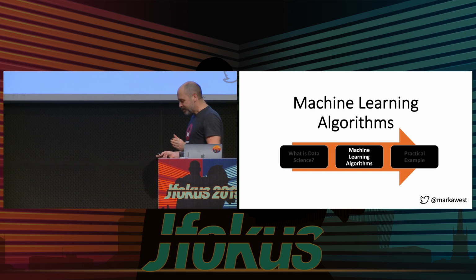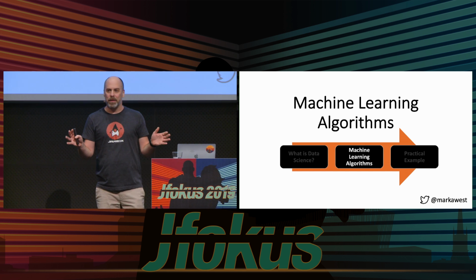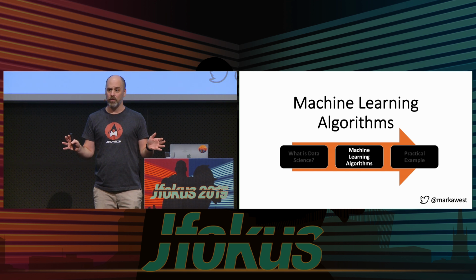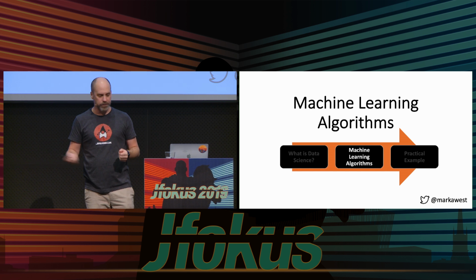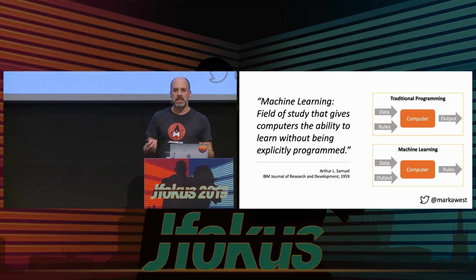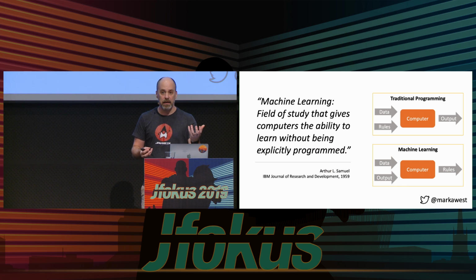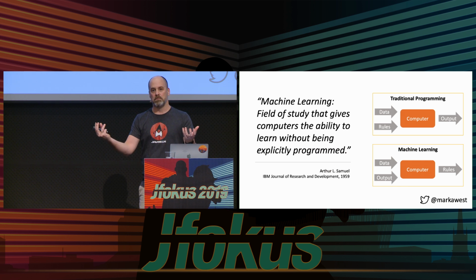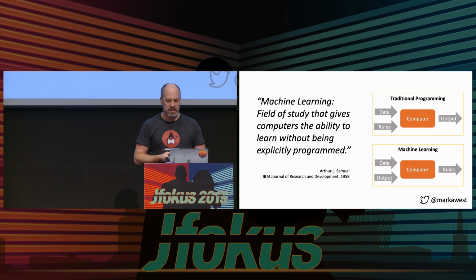Machine learning algorithms. Here, I'm not going to go into complex algorithms. I'm going to talk about very simple algorithms, because as I say, this is an introduction. But just to remind us what machine learning is about. Machine learning is allowing computers to find the correlation between data and the desired label. More or less, especially if you're talking about supervised learning.